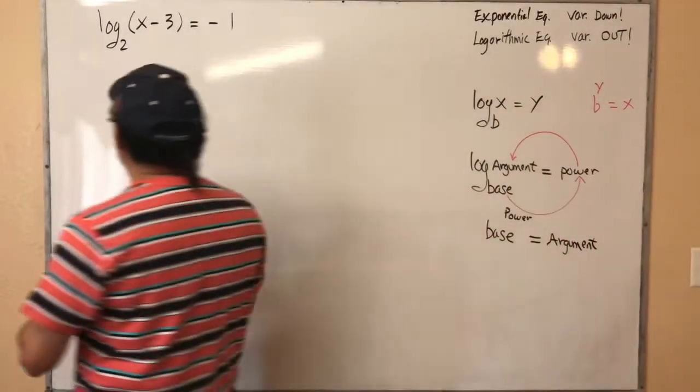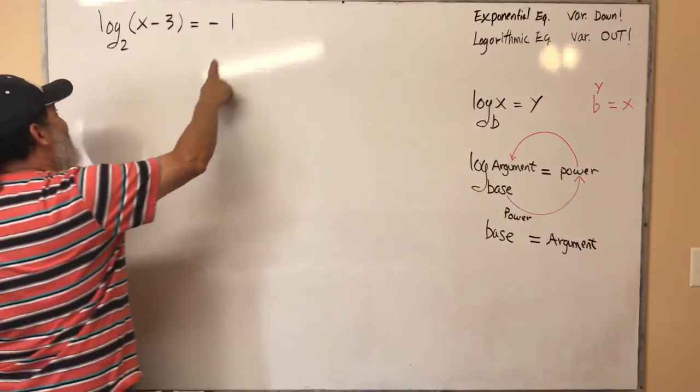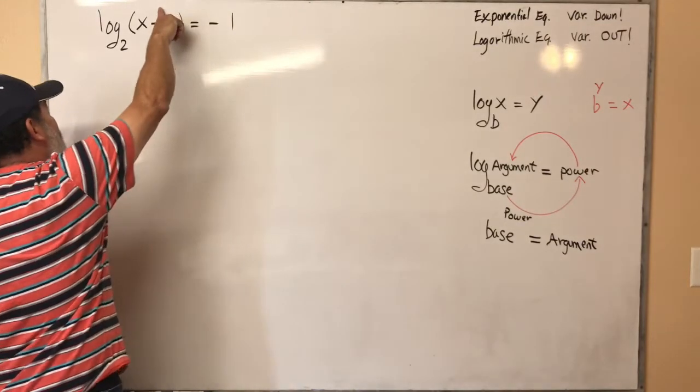So therefore, 2 to the negative 1 gives you the argument.